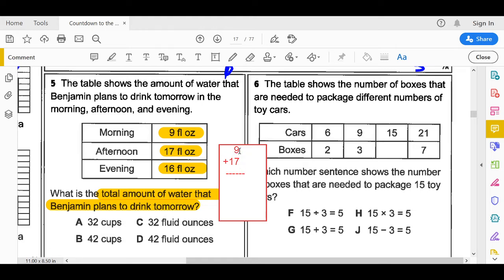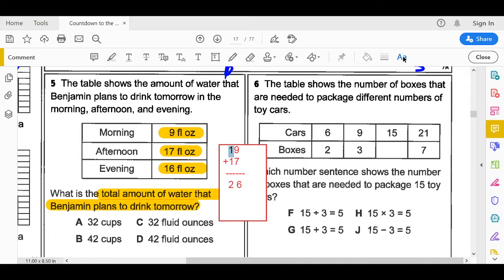So I know that 9 plus 7 is 16, so 6, and I'm going to carry 1 right here. Remember, for you, you're going to put it inside a box so you know that you carried. So this 1 right here, because I carried, should be inside a box. And then 1 plus 1 is 2. Okay, and that will make 26.